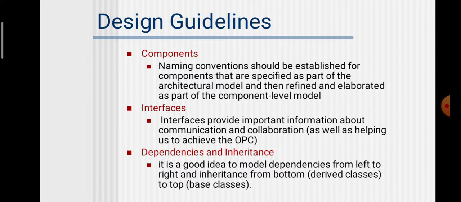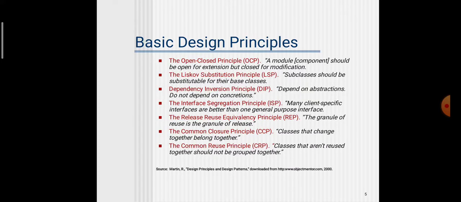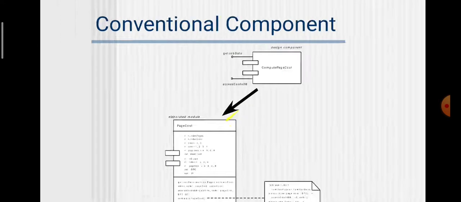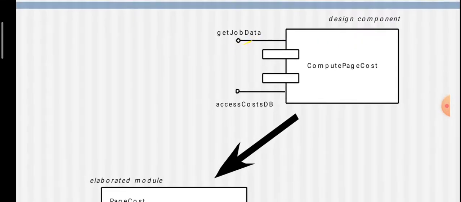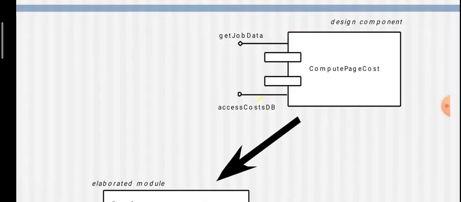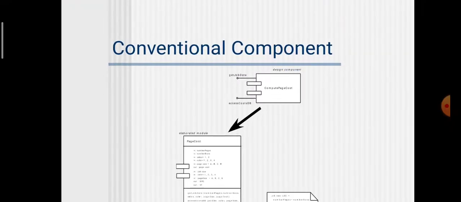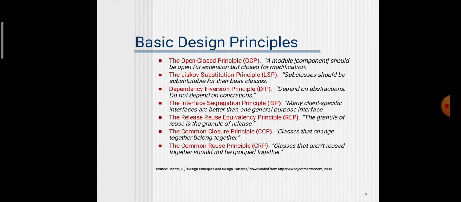These details are given by the interfaces. For example, get the job done. Here, get job data and access cost DB are the different interfaces to which my component is connected.